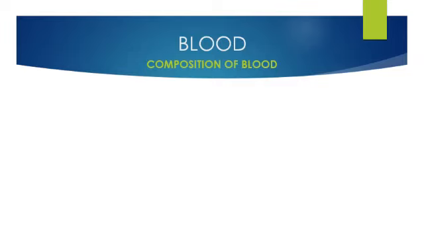Composition. Well, what makes blood? Blood is mainly made up of two things: blood plasma, which is the most part of it, and blood cells.